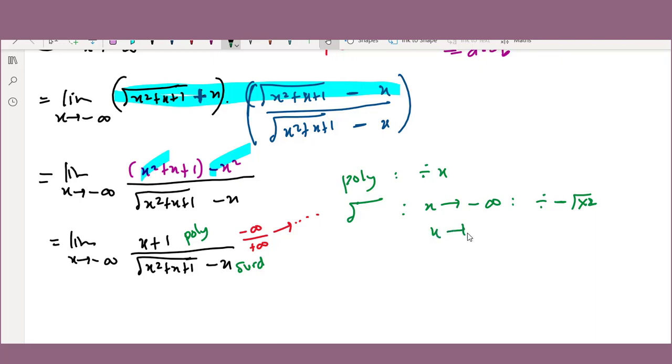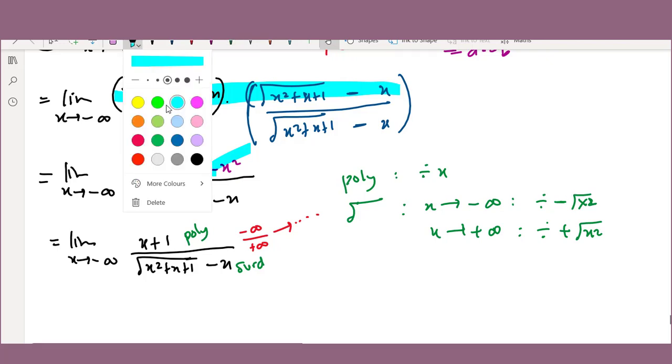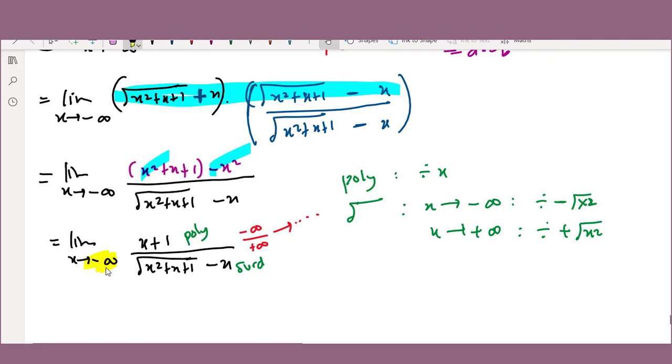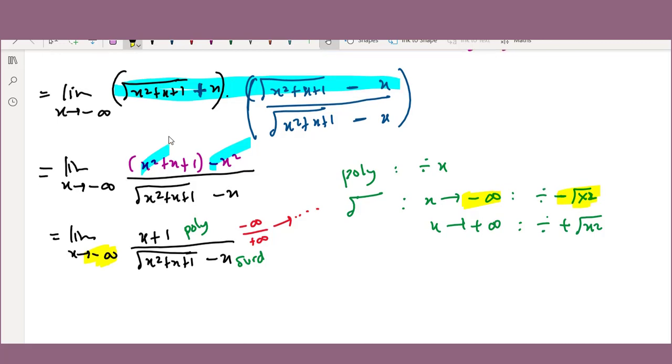When x tends to positive infinity, divide by the positive square root of x squared. So this one is negative infinity, so you have to divide the root function by negative square root of x squared. Okay, we need to continue.